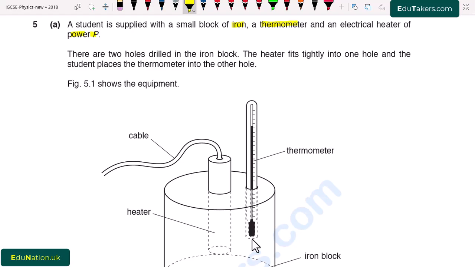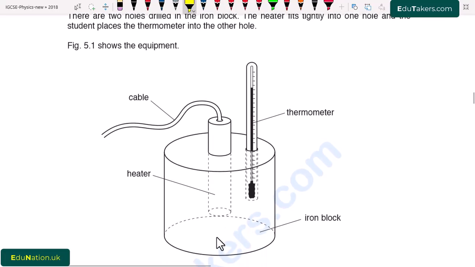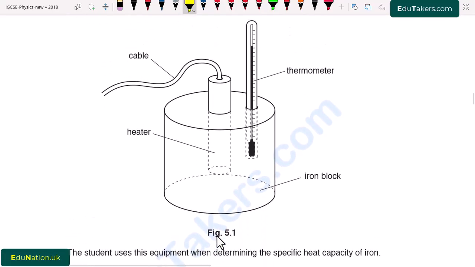There are two holes drilled in the iron block. The heater fits tightly into one hole and the student places the thermometer into the other hole. Figure 5.1 shows the equipment. So we can see here that figure 5.1 contains iron block, thermometer, cables and heater.